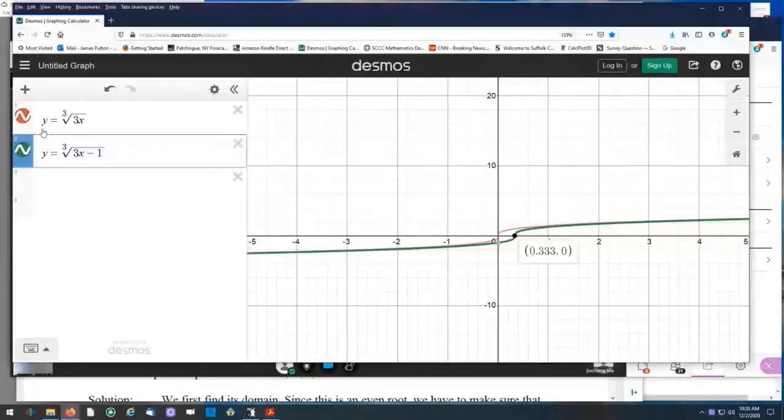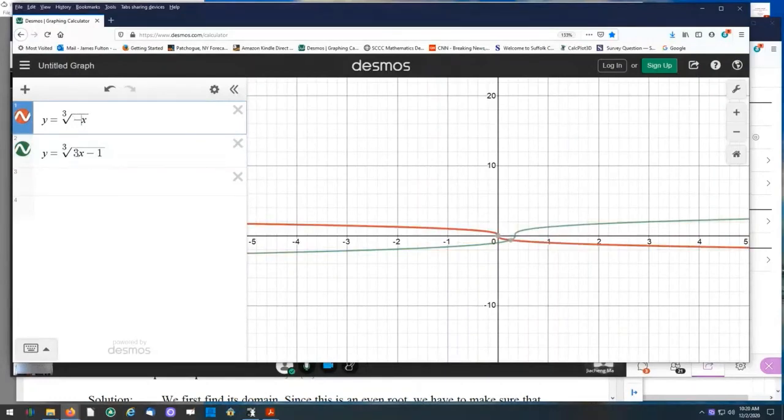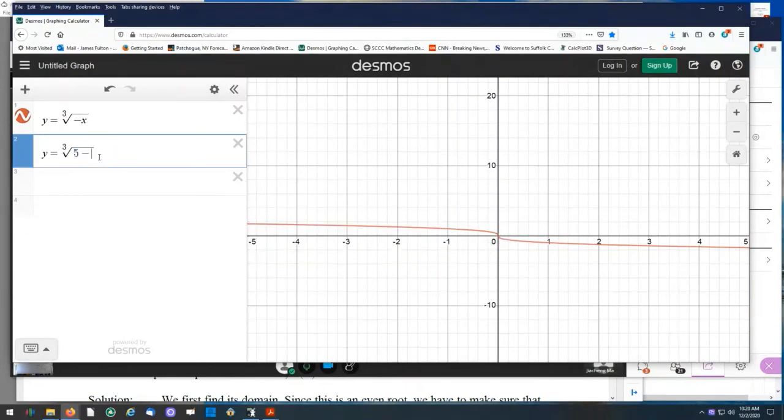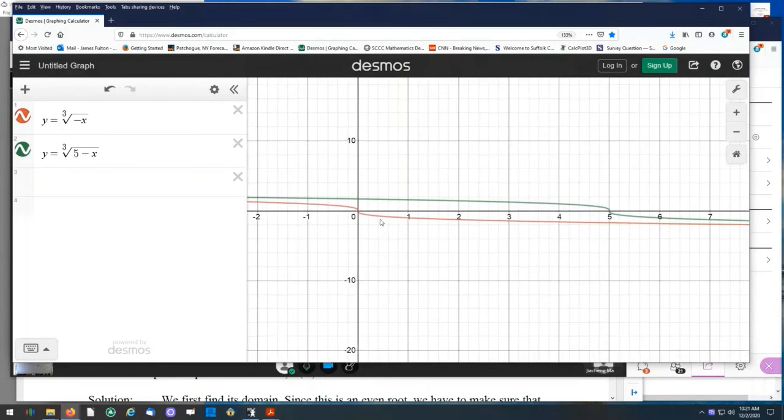So over here, I'm saying minus x for this one. And this is going to be a 5 minus x. Okay, now you can see, let me move it down so you can see what happens. What that minus 5 did, it just shifted it down from the red to this other one.